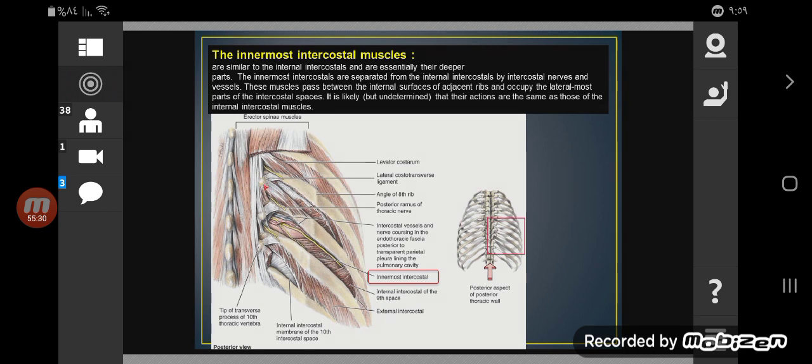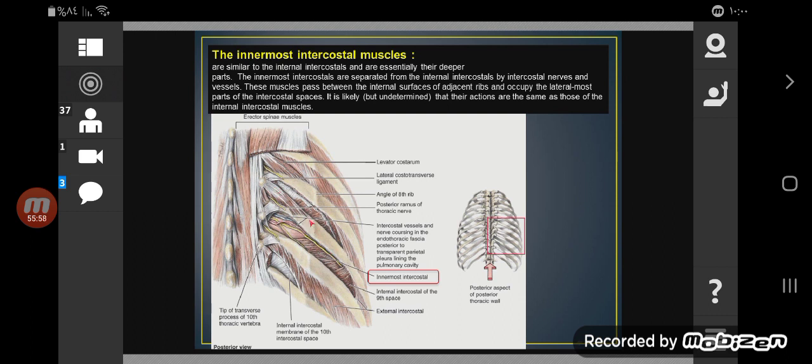Levator costarum muscle arises from the transverse process of the vertebrae and attaches to the external aspect of the angle of the next rib or next two ribs.